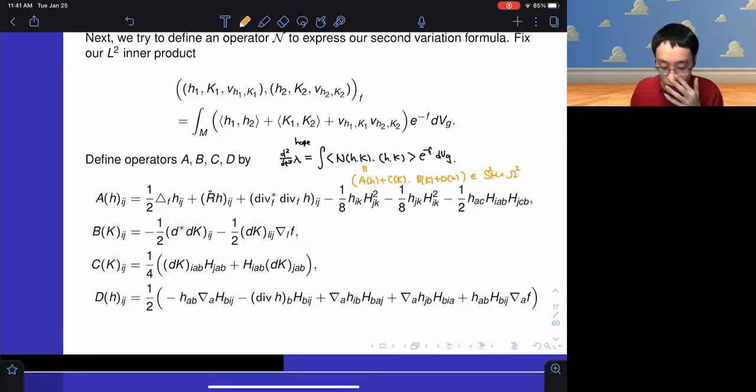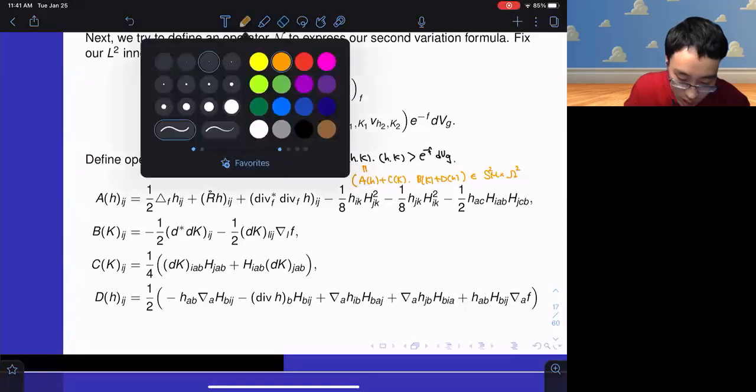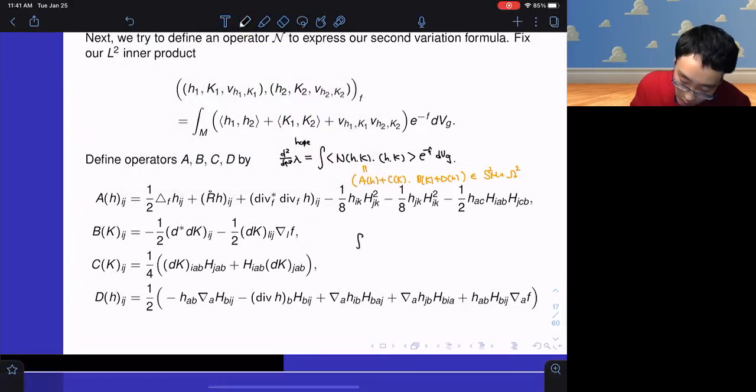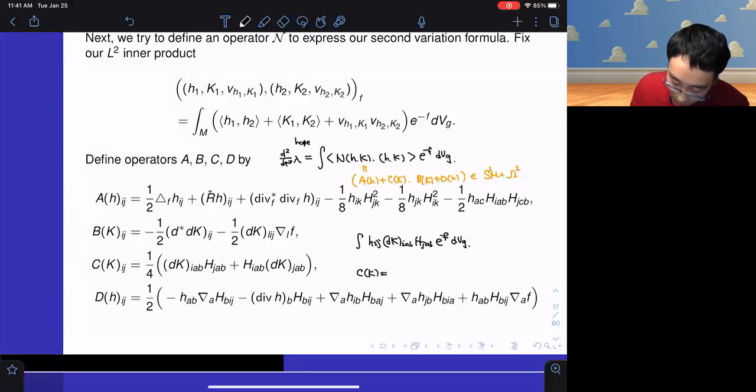So the hardest one is how to find the cross term. The cross term we have is Hij dk iab sjab, minus f dvg. First you can define CK like this.